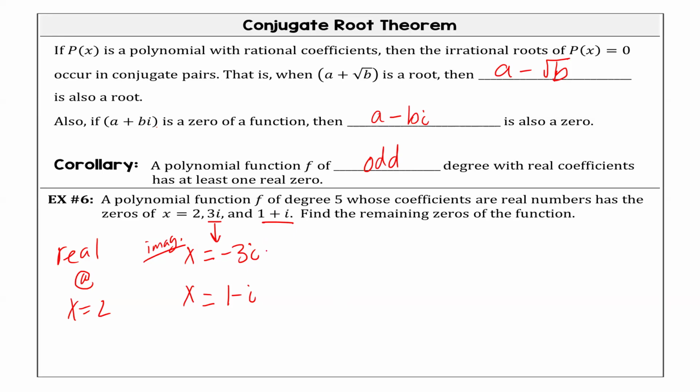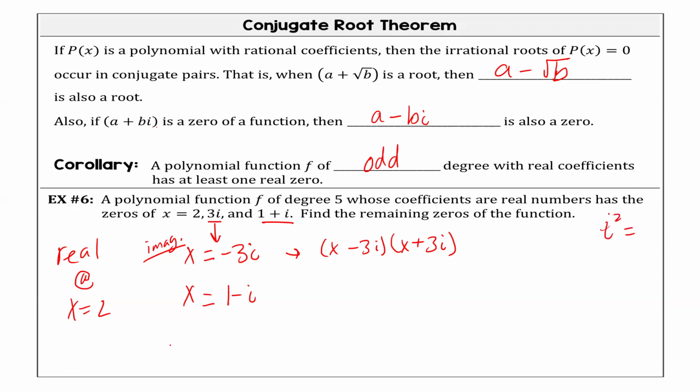This is because when you go through the multiplication of your factors, this would be written as a factor of x minus 3i times x plus 3i, right? When I go through and multiply, what'll happen to my i's? They'll absorb because of i squared.